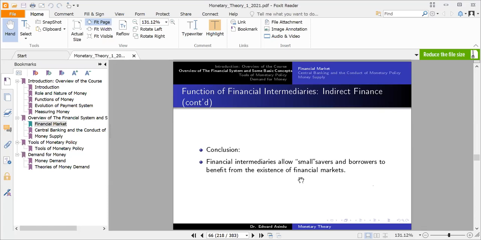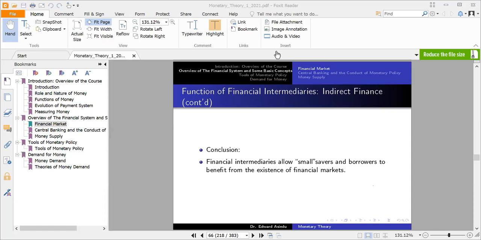My small savings together with yours, economies of scale, the bank can loan out the money, the firm that takes the money can start a business, produce, export, government gets tax revenue, creates jobs, and then the economy grows. But if they collect the money and then they don't produce, then we are all in trouble.